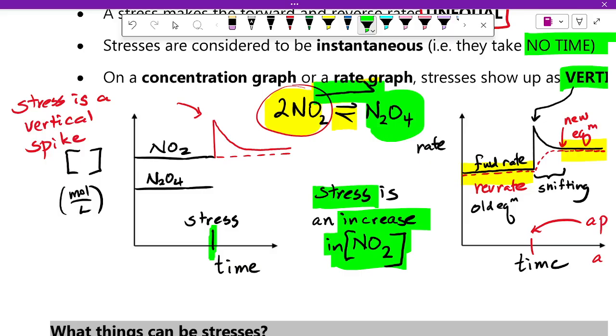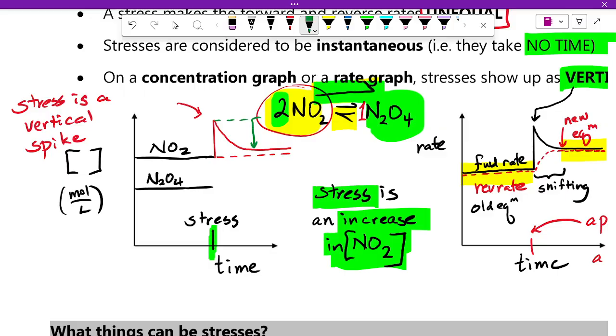Now the question is, by how much? Will it get to the original concentration of NO2? We got a 2 there. There's no 1, but there would be a 1 if we had a coefficient. So if we use up this much NO2, comparatively, how much N2O4 should we be making?